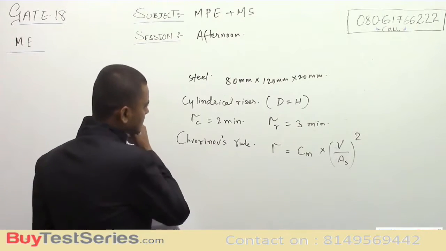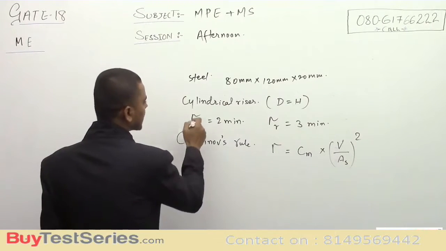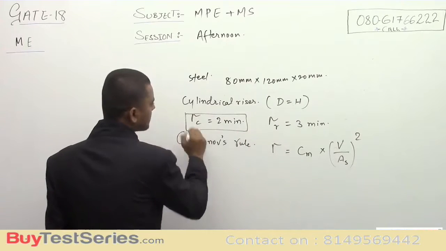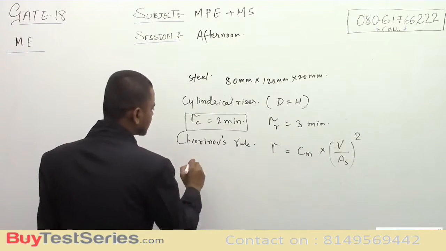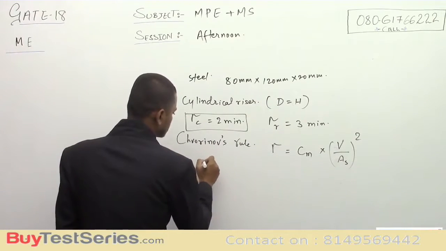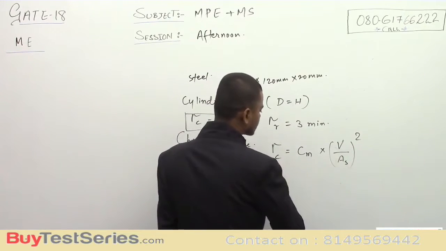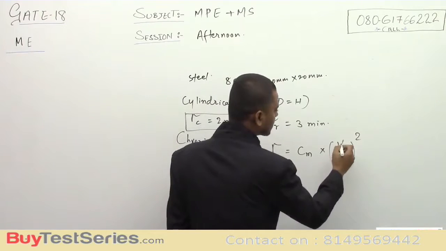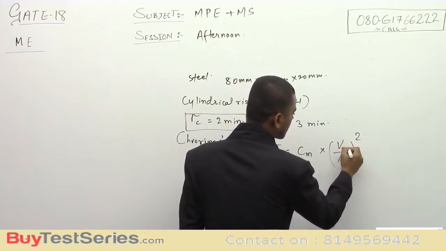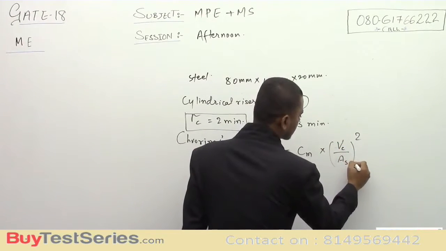So for the casting, we know its solidification time is 2 minutes. I can write that for the casting, the solidification time is equal to the mold constant into the volume of the casting upon the surface area of the casting.